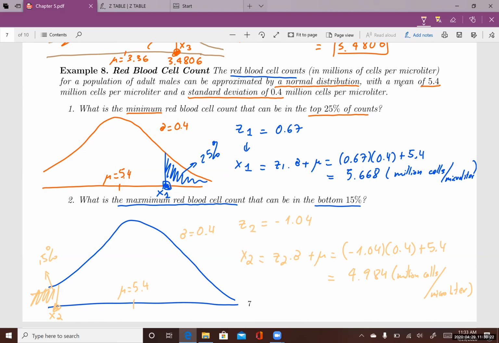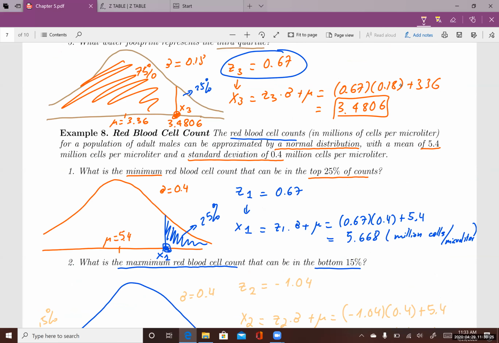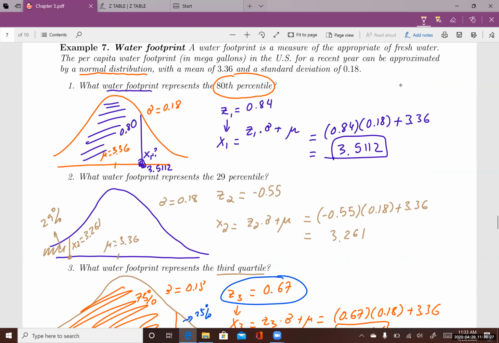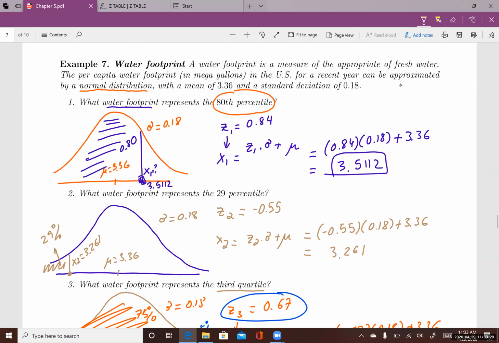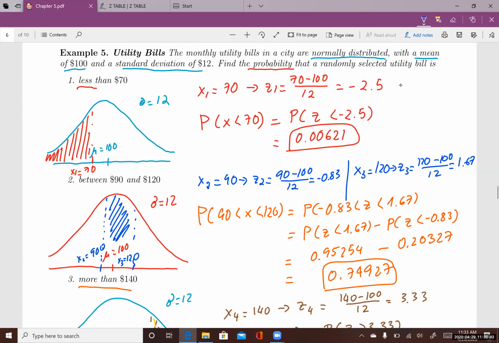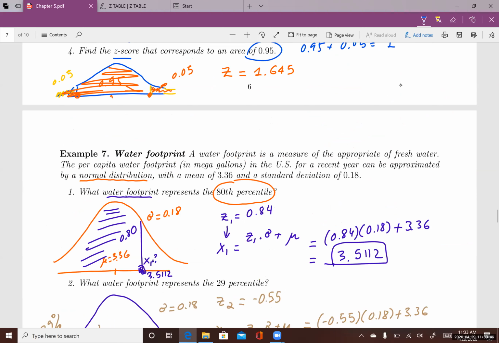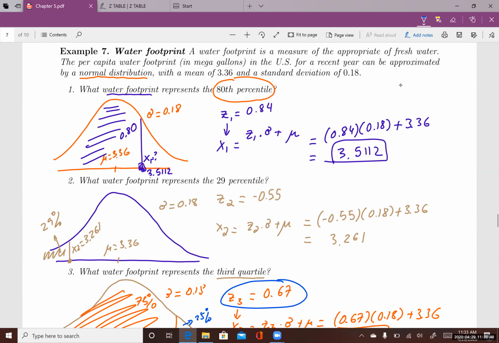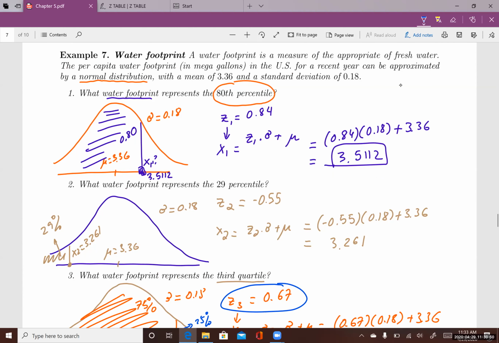All right. And looking back at my previous example, look what I forgot. I forgot to add the unit for this answer. The unit is mega gallons. We just want to have a habit of adding units for any answer that should have a unit.